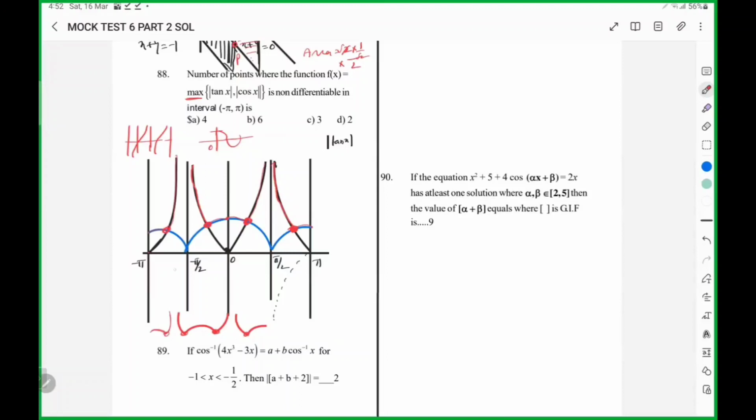And minus pi by 2, they are not in the domain. So we see the points where that point should be in the domain. If the point is not in the domain, we are not considering it.